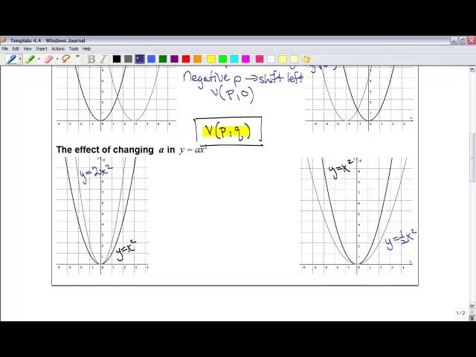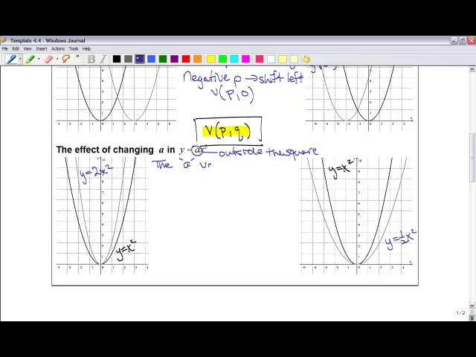So what does the a value do? The a value, again, is located outside the square term, so probably a y changing thing. How does it change y? Well, it's multiplication. Multiplication causes some sort of expansion or compression.